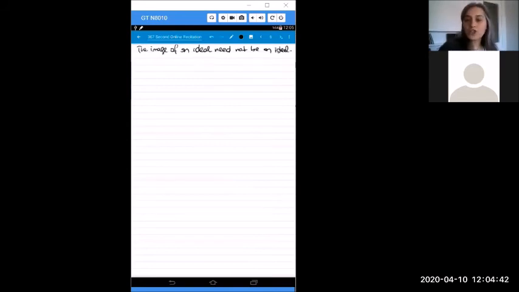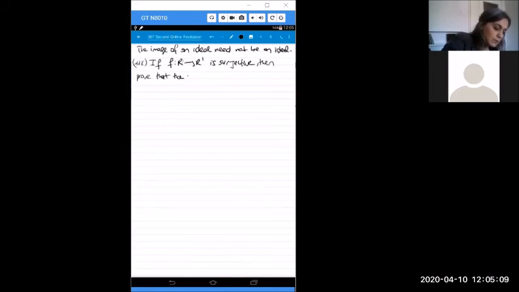But we have one condition, as the third part of our question: if our homomorphism F from R to R prime is a surjective homomorphism, then prove that the image of an ideal is an ideal.